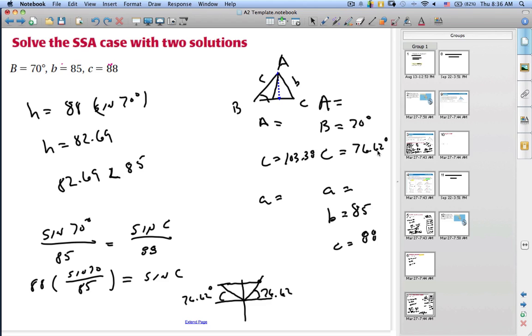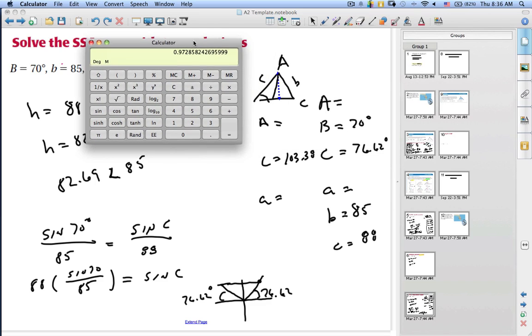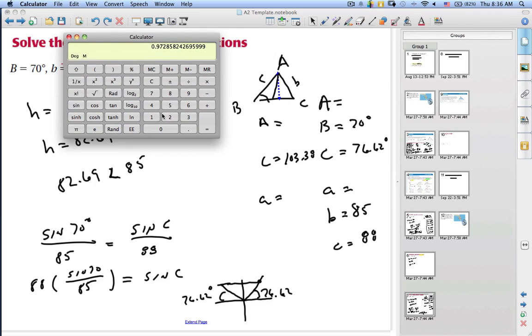Let's go ahead and figure out our angles, because that will then allow us to find our sides. So I have 180 minus 76.62 minus 70 equals 33.38.